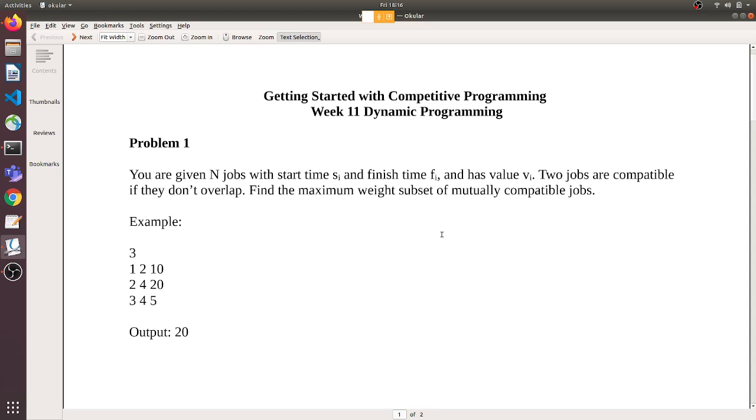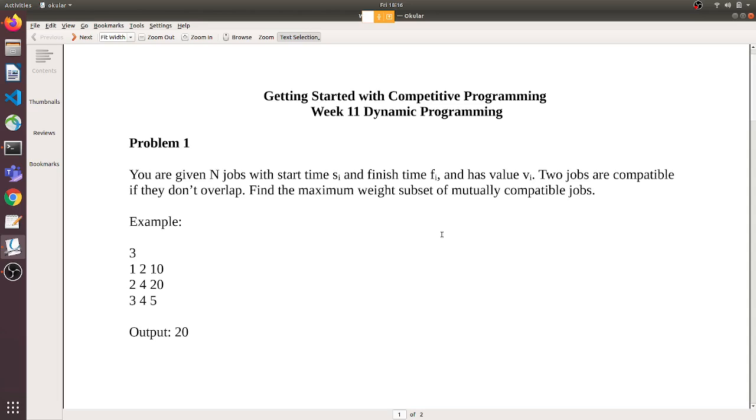That was the greedy approach that worked there. The intuition behind that is that we have this resource which is time, and we want to finish the job as soon as possible so that we have more time left, and in that time we can do more jobs.